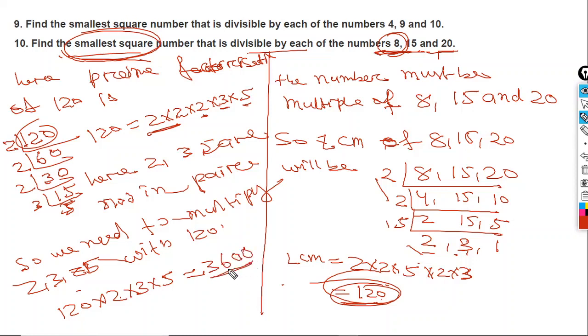So 3600 will be the number which is divisible by each of the numbers 8, 15 and 20, and this will be the smallest square number. So in this way you please try question number 10, and question number 9 will be the same way. Okay, so this is the end of this exercise.